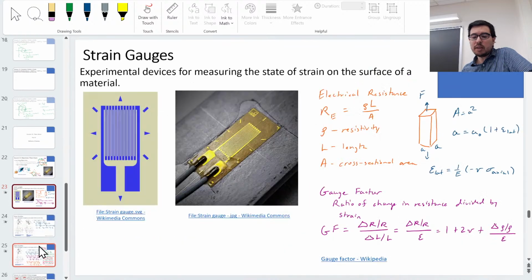The last part is, I think, a nice practical addition to our understanding, and that is some information about how you go about measuring strain on an object.